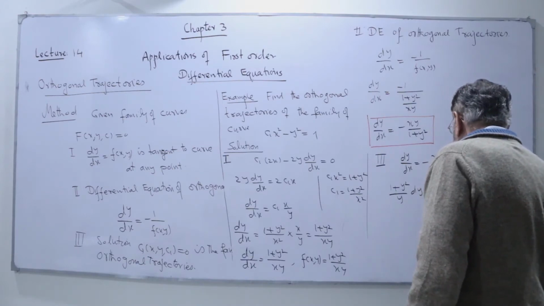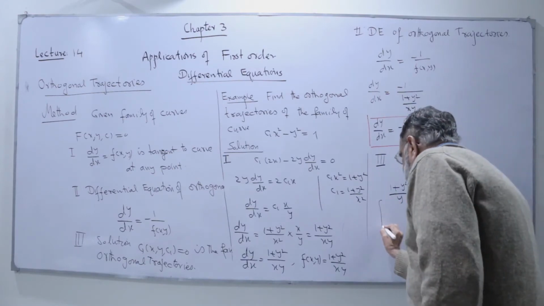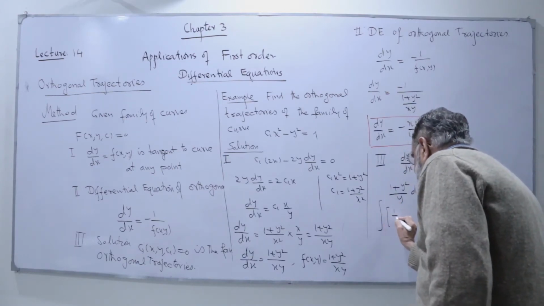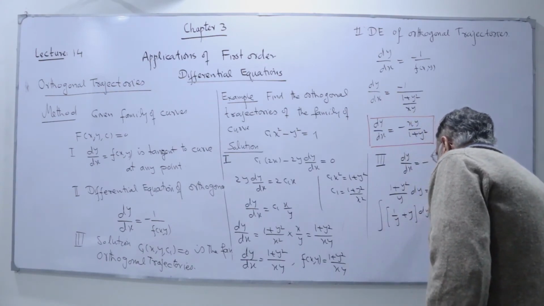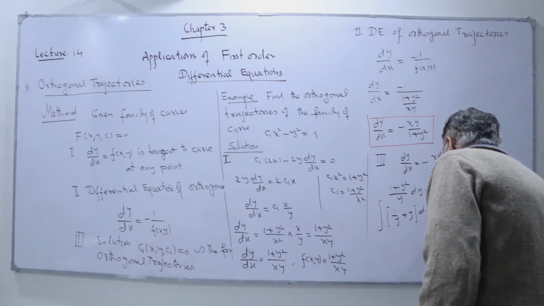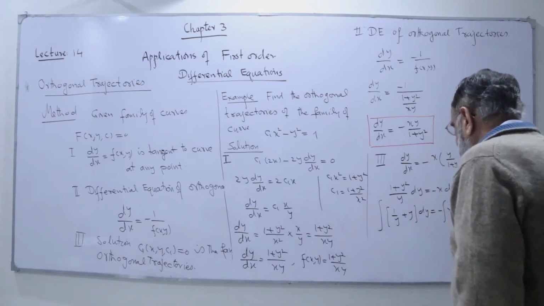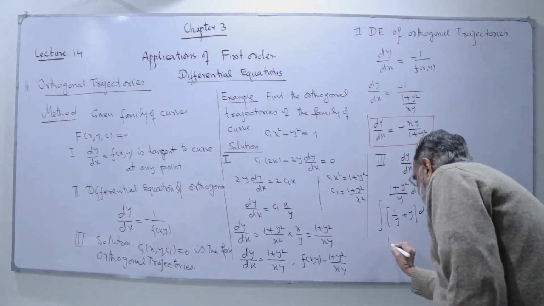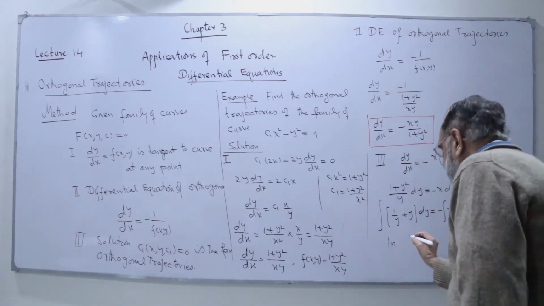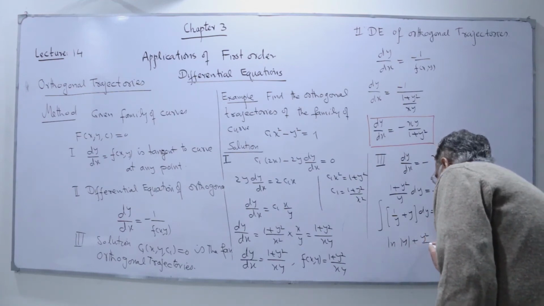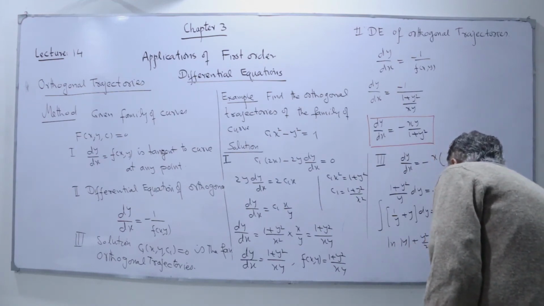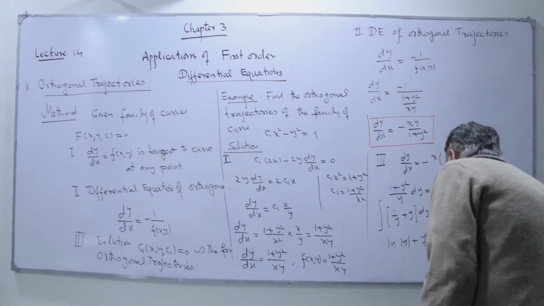We have a variable separable form. We integrate it. We get the integral of (1 over y plus y) dy equal to the integral of minus x dx. We integrate it and get ln of y plus y square by 2 equal to minus x square by 2 plus constant c1.